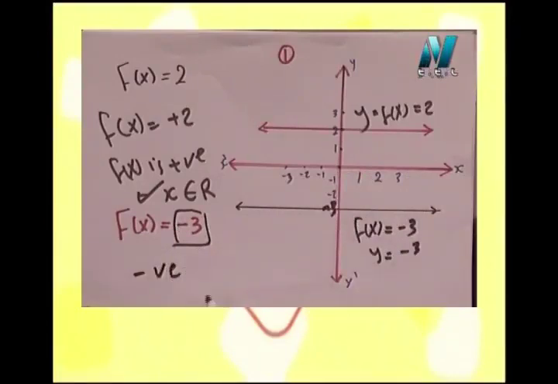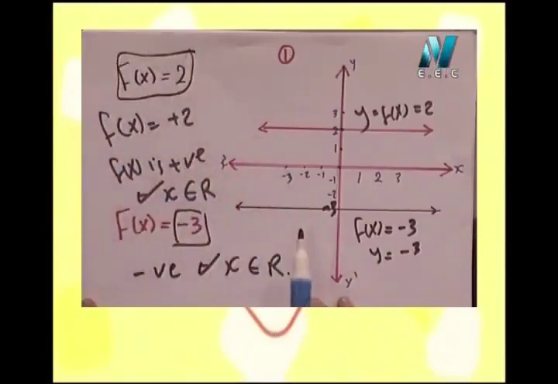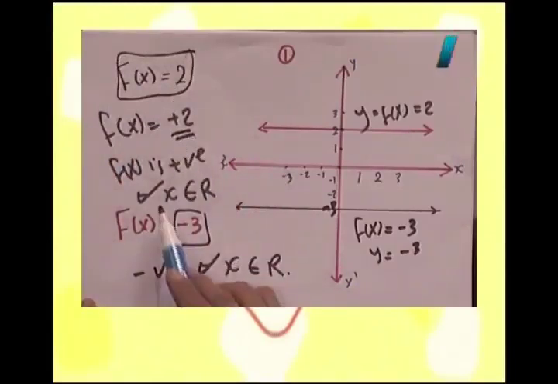The function is negative for all x belongs to R. So when we ask what is the sign of this function, I told him that it is positive for all x belongs to R. And if it equals negative 3, it's constant, so it is negative for all x belongs to R.